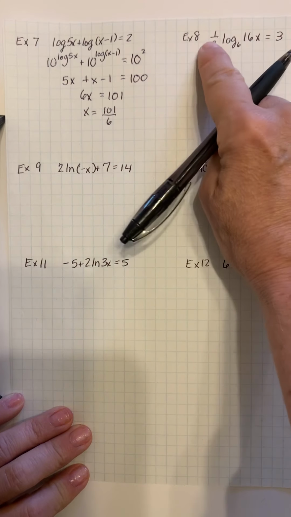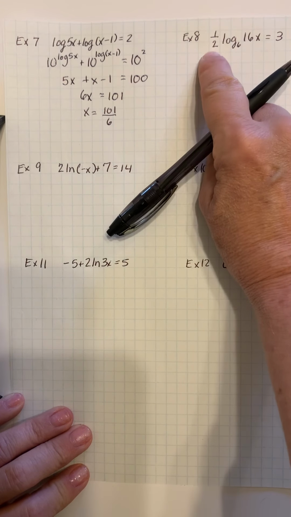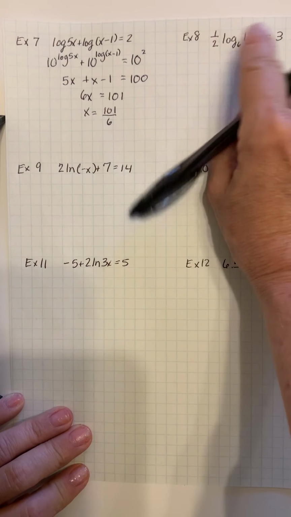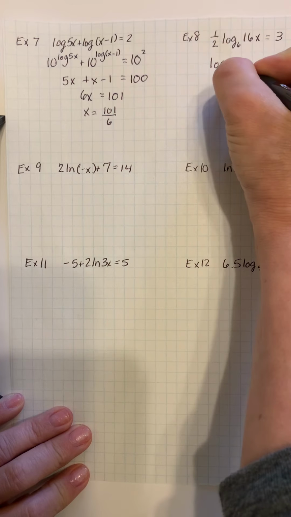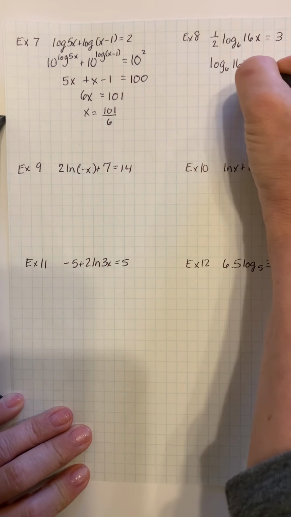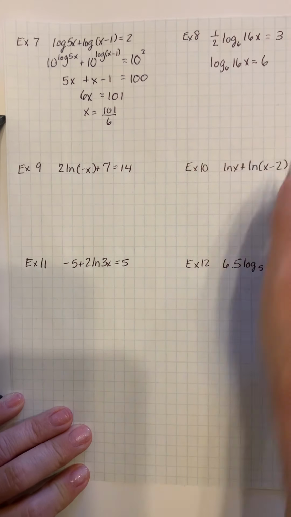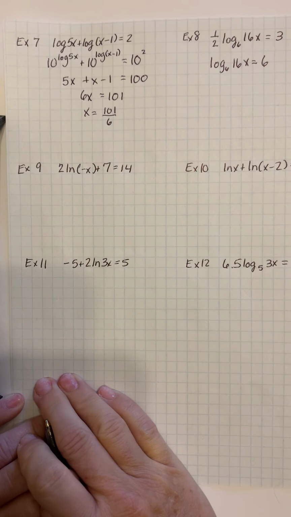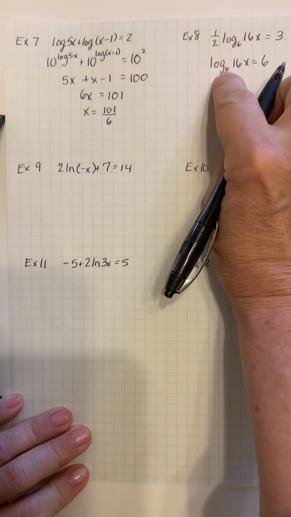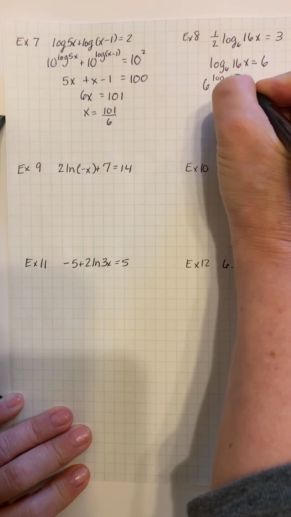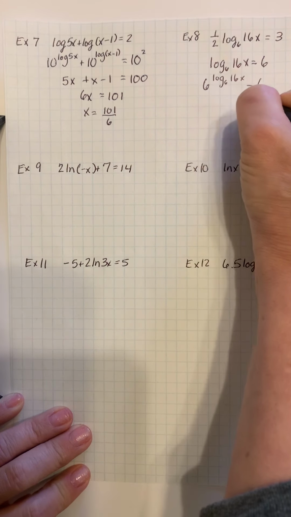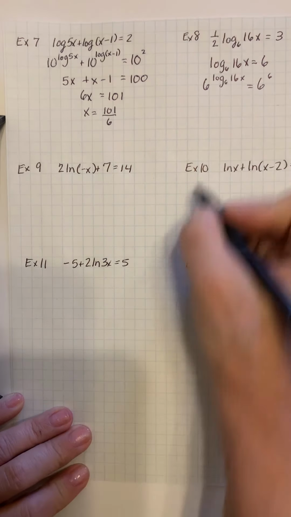Now we're looking at this one. We have that 1/2 out in front. We want to get rid of that, so we're going to multiply both sides by 2. We will have the log base 6 of 16x is equal to 6. Now we need to exponentiate it. The base is 6. We're raising everything up. 6 to the 6th.